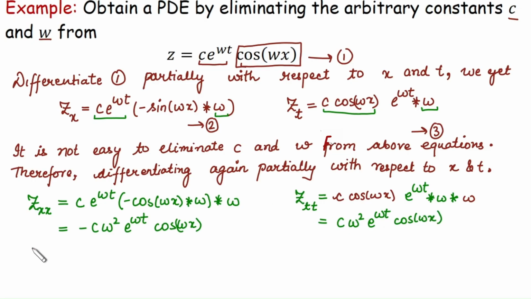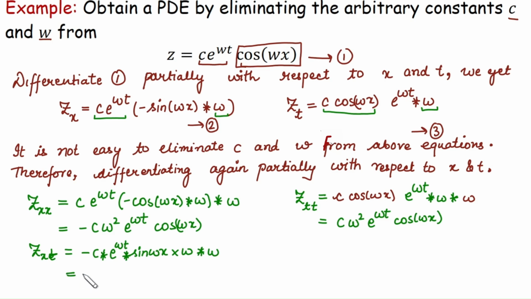We can even calculate the second order derivative with respect to x and t, that is a mixed order derivative. If we calculate its derivative again with respect to t, this results in minus sine of wx as it is into w, c is a constant, and the derivative of this term with respect to t is e raised to power wt into w.